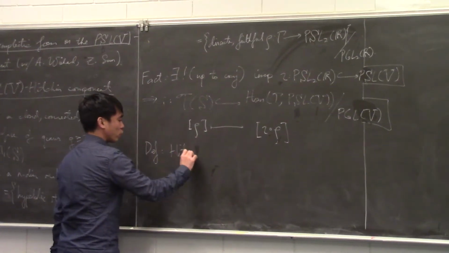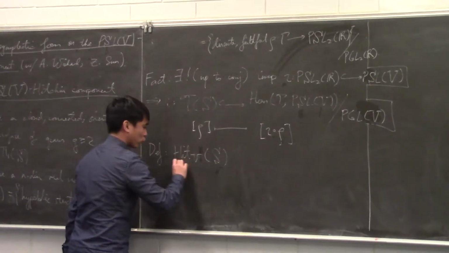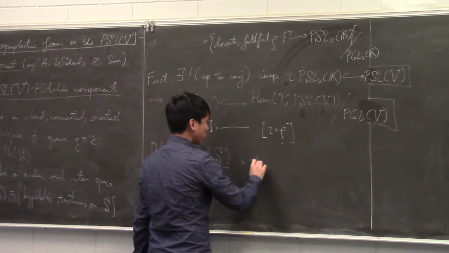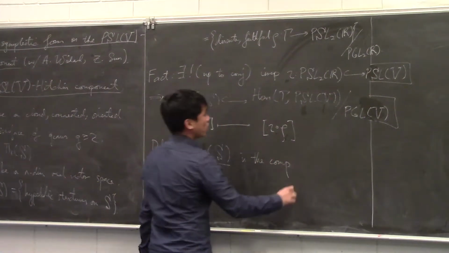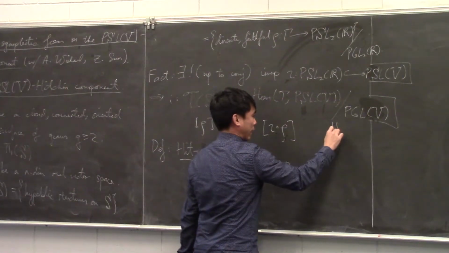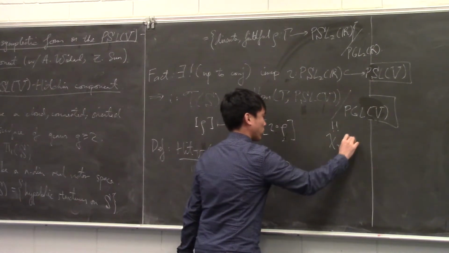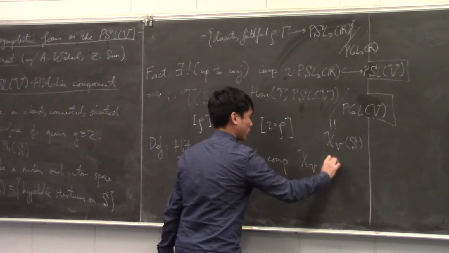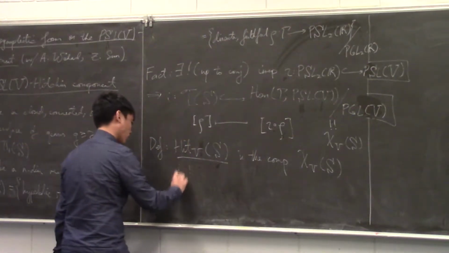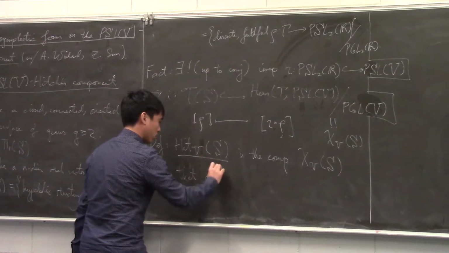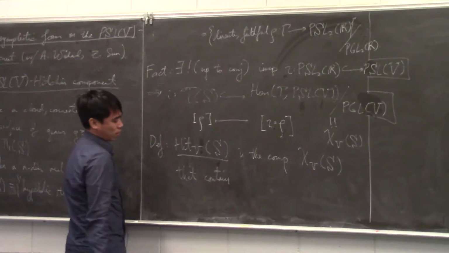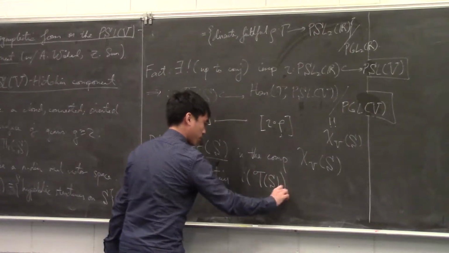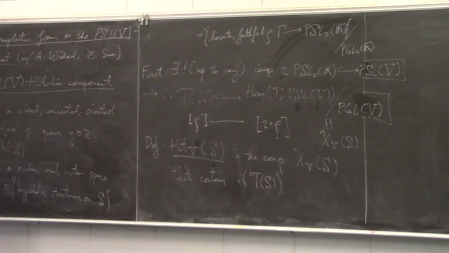So the PSLV Hitchin component, which for the rest of today I'll denote by HitVS, is the connected component of this space here, which I'm going to denote by XVS, that contains the image of iota.